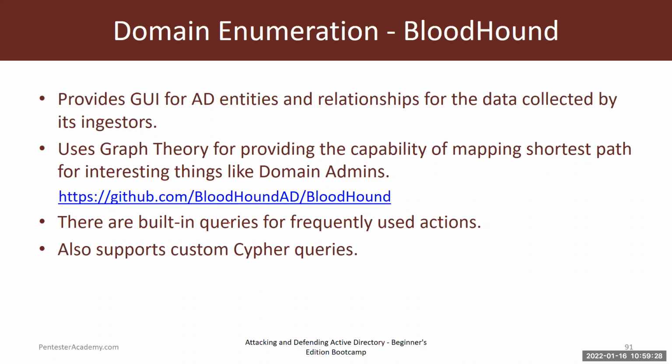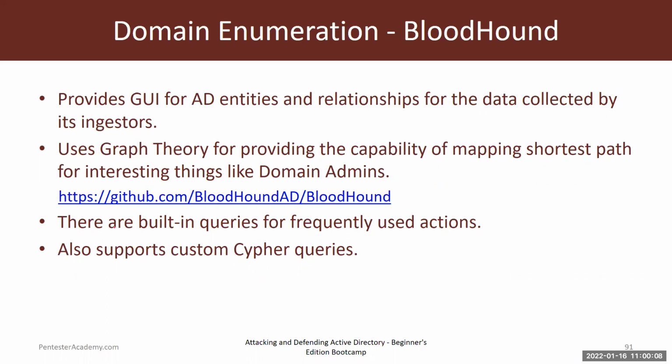You can run queries on that data, find out paths, map attack paths, check details, and once again, you can easily visualize how our environment can be compromised, right? So there are built-in queries in BloodHound for frequently used actions, and it also supports custom Cypher queries. So to absolutely utilize BloodHound to its 100%, it would be better if you know Cypher.